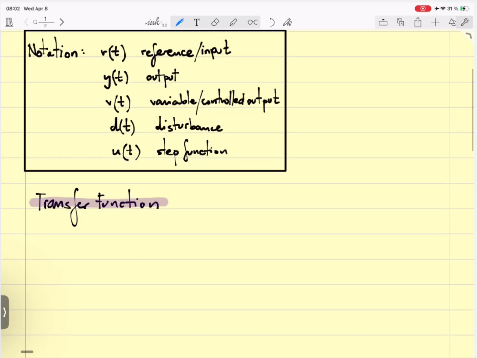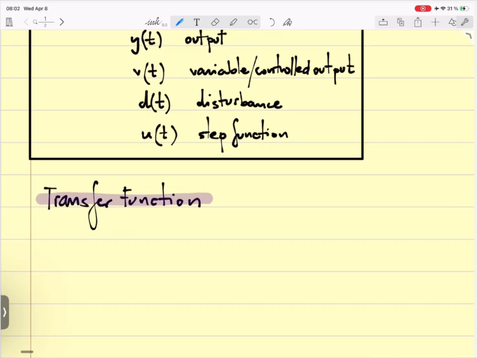Before I explain what a transfer function is, a little note, okay? The meaning of 2 divided by 3 is equals 0.6. This is a super simple fraction, but it contains the concept of transfer function.